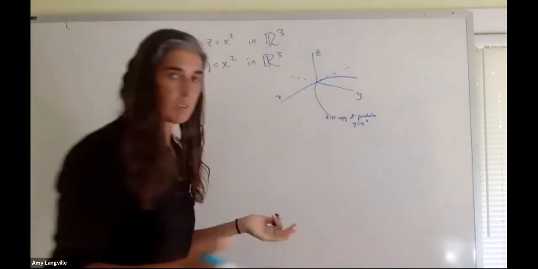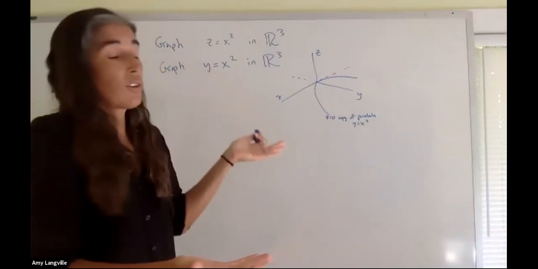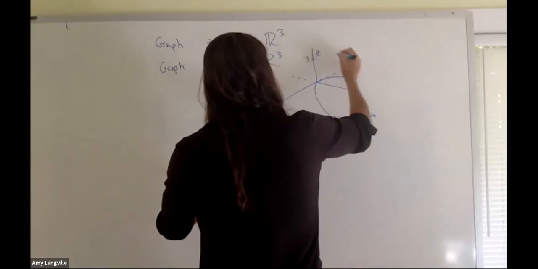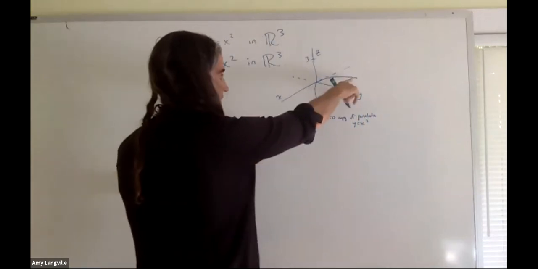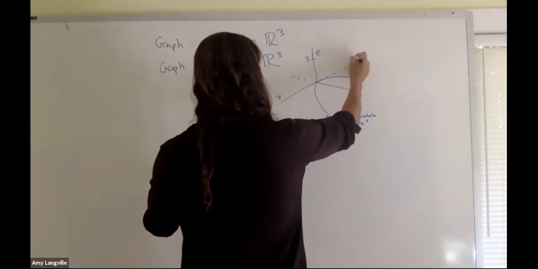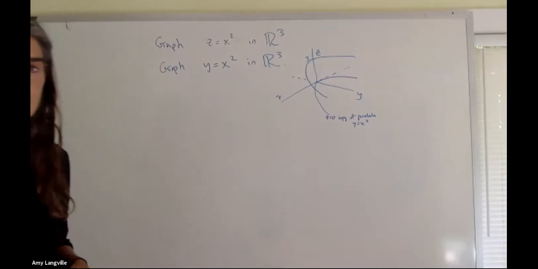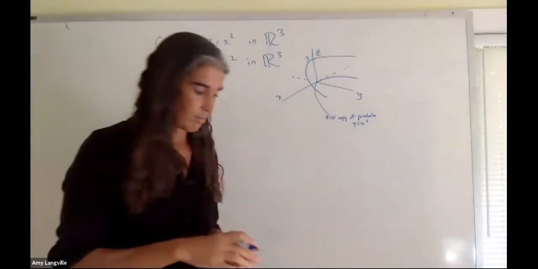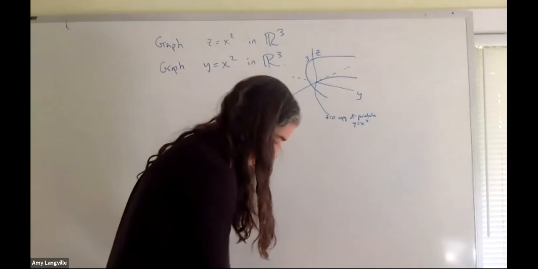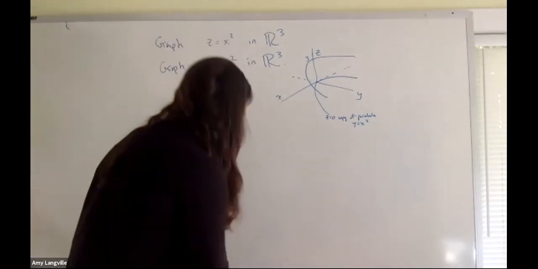But z is free. I didn't say anything about it, so z can take on any value it wants. So I could draw another copy, maybe up here at z equals 3, replicating that exact parabola, just shifted up 3 units. It looks something like this. It doesn't yet look like the shape we saw in front of us, that vertical half pipe.